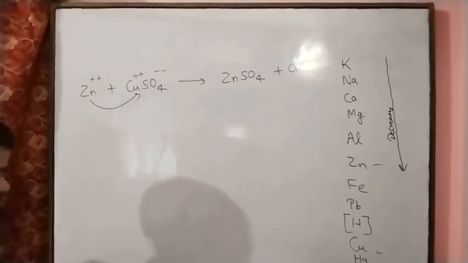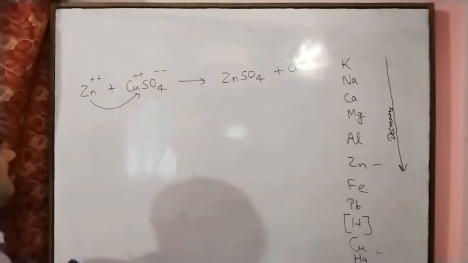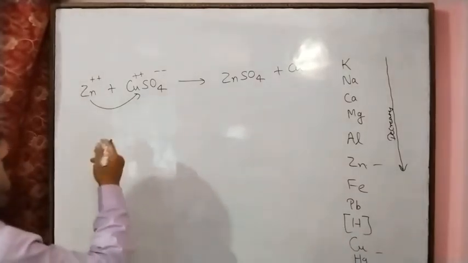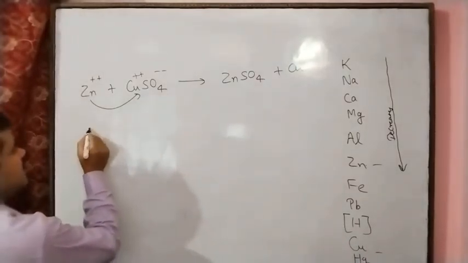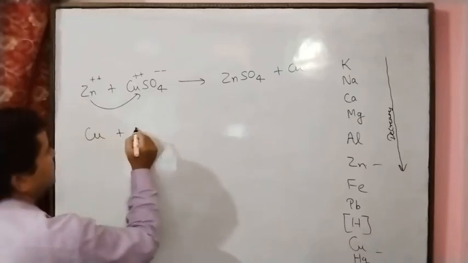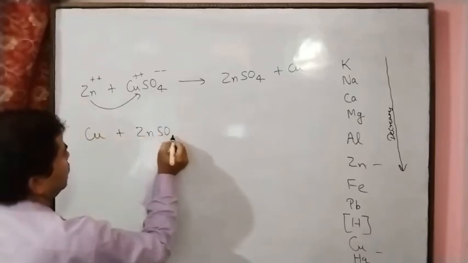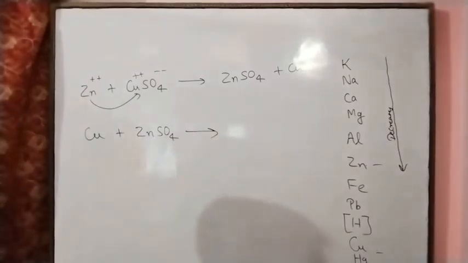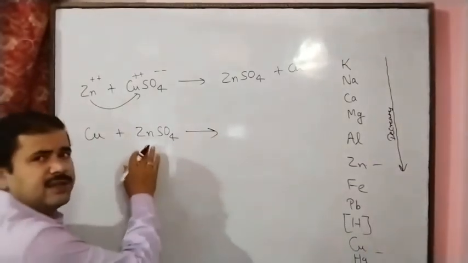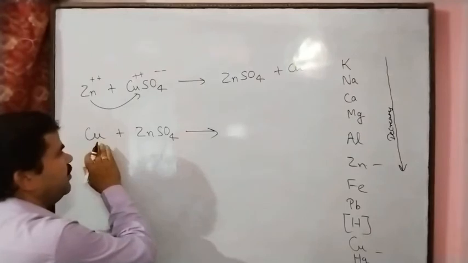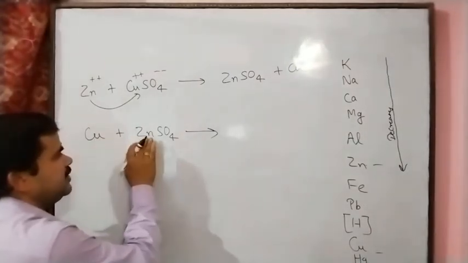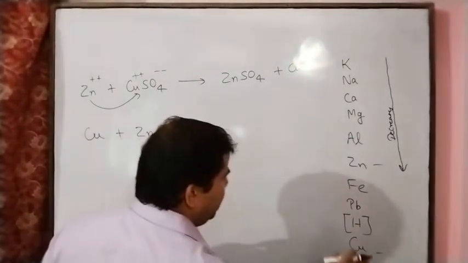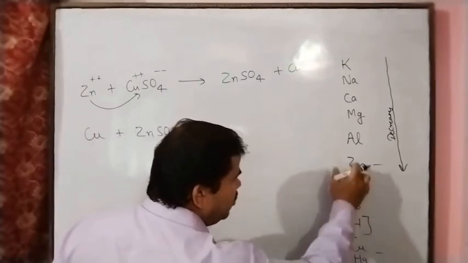Cl2 plus 2 KBr, and in the same equation suppose you are writing Cu plus ZnSO4. This reaction will not be feasible, because if we compare copper and zinc, copper is placed below zinc.